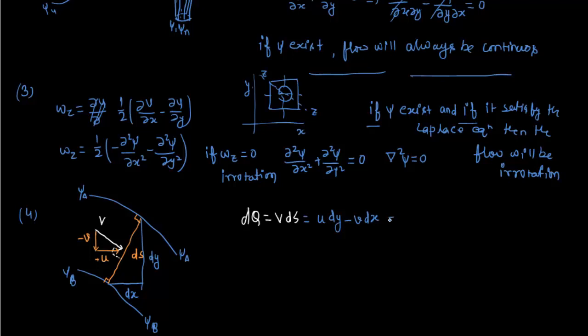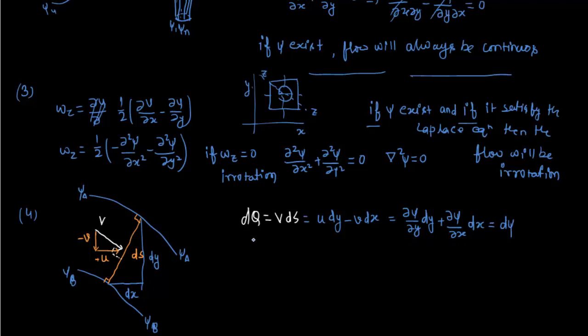Now by the stream function definition we can write the values of u and v. So u is del psi by del y, times dy, and minus v is del psi by del x, times dx. This is actually the total derivative of psi, so we can write this as d psi.